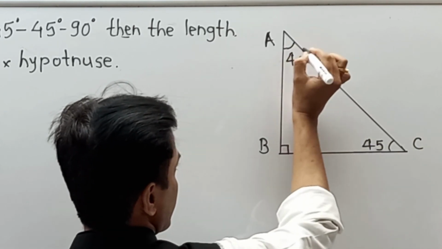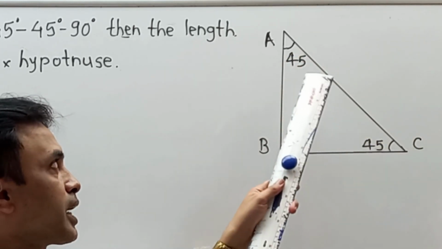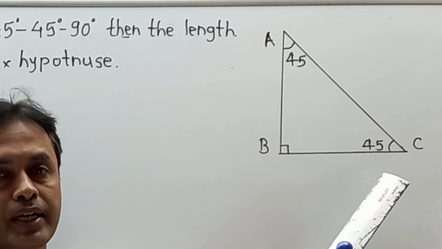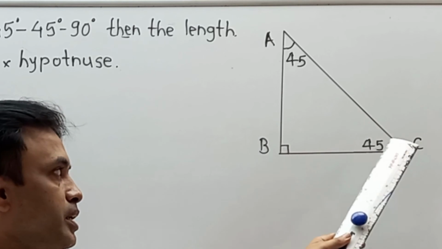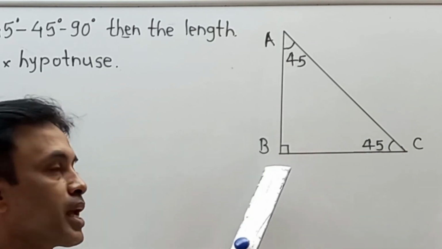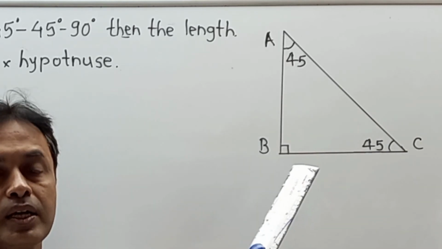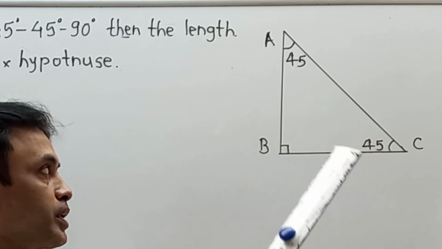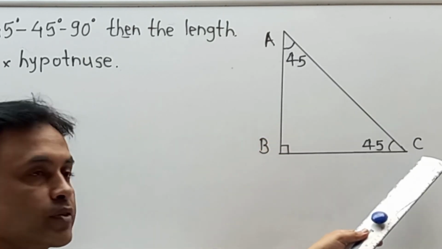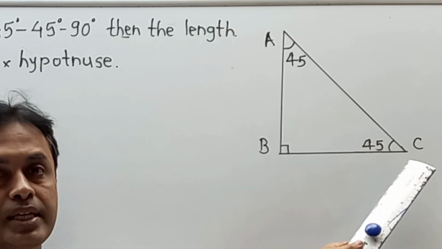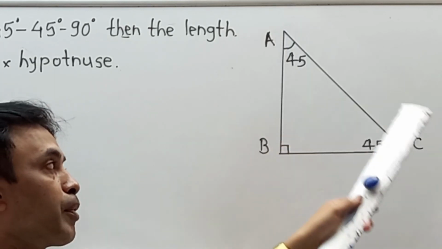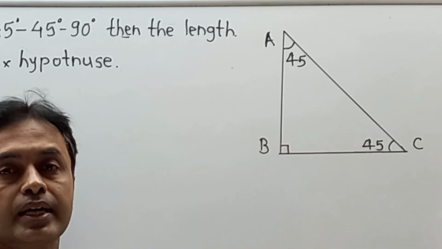Then we have to prove the side opposite to 45, means BC, and the side opposite to 45, means AB, is 1 upon root 2 times of the hypotenuse, means 1 upon root 2 times of AC. In short, we have to prove that AB equal to BC is equal to 1 upon root 2 times of AC.